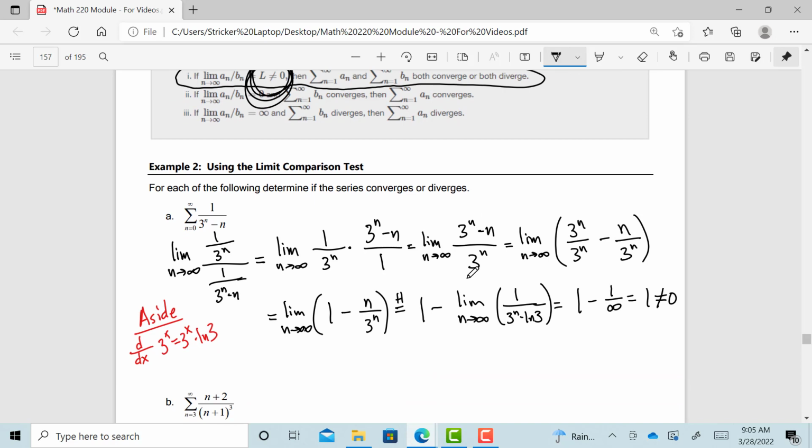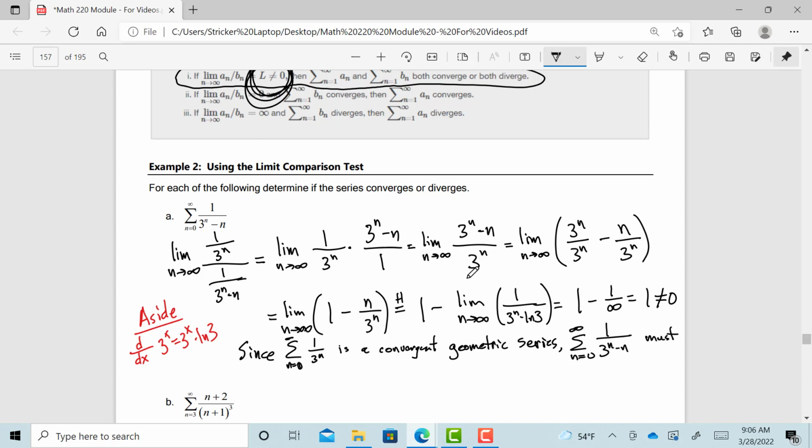So we can say, since the sum of 1 over 3 to the n, with n equals 0 to infinity, is a convergent geometric series, then the other one, 1 over 3 to the n minus n, must also converge by the limit comparison test.